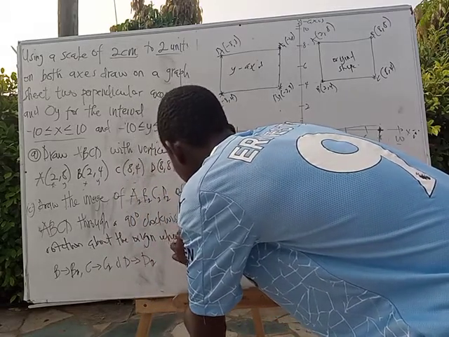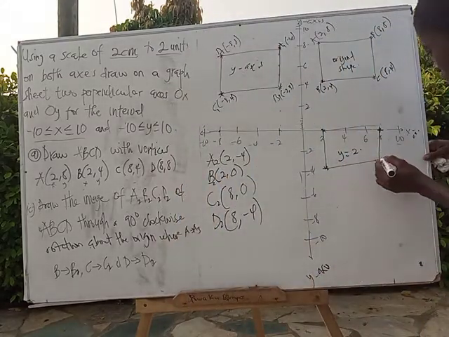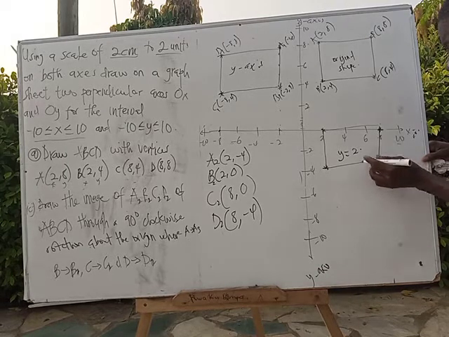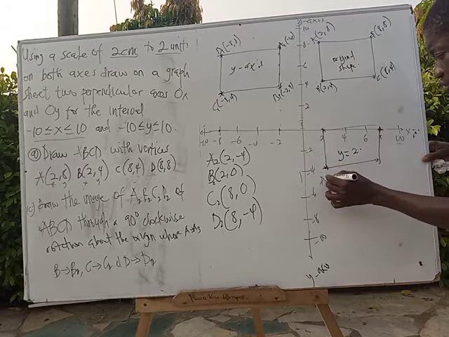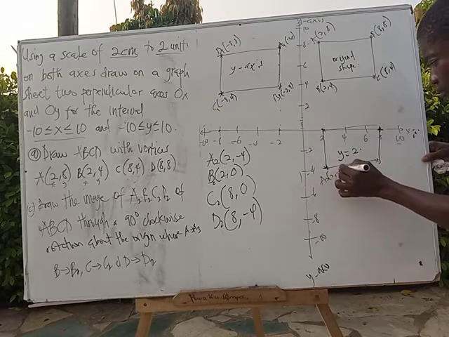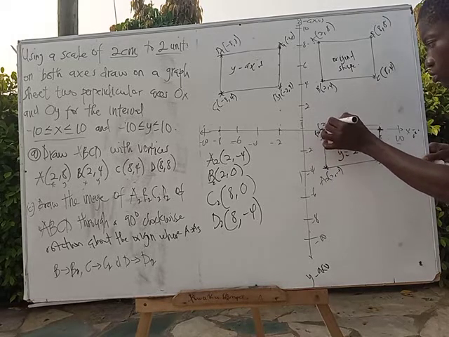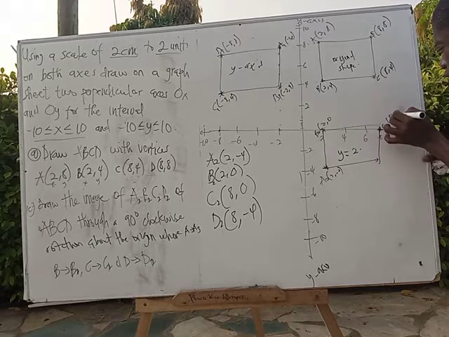Where my A maps to A3. Don't forget these are 2. So A2 is 2, negative 4. Our B2 is 2, 0. Our C2 is 8, 0.